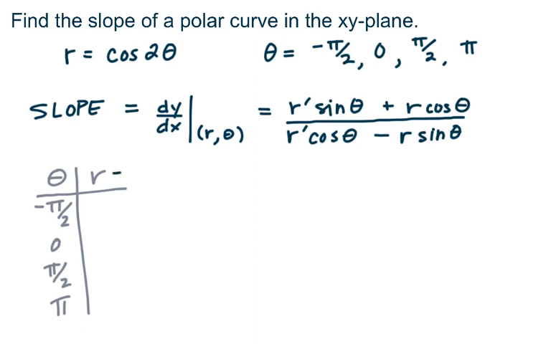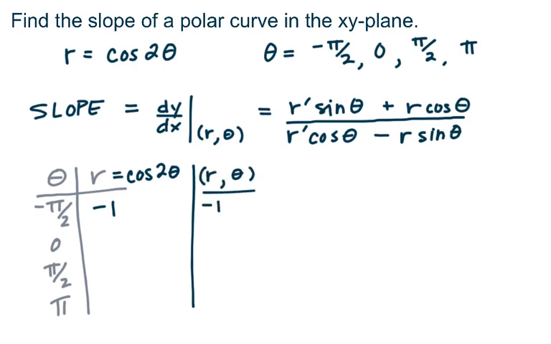If I plug them all into my equation, plugging negative pi over 2 into cosine 2 theta, that would be negative pi, and we get negative 1. So my (r, theta) ordered pair here is negative 1, negative pi over 2. If I plug in 0, I get out positive 1. Positive pi over 2, negative 1, and pi, I get 1.